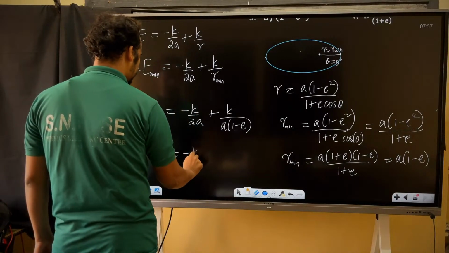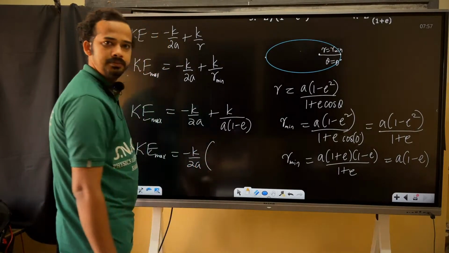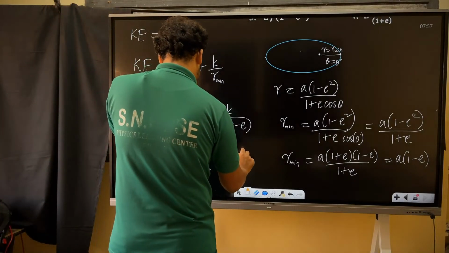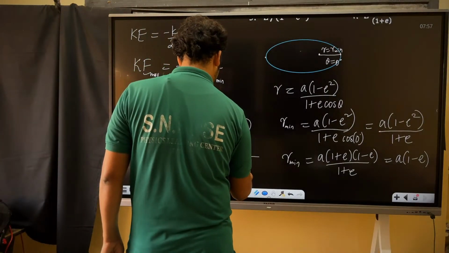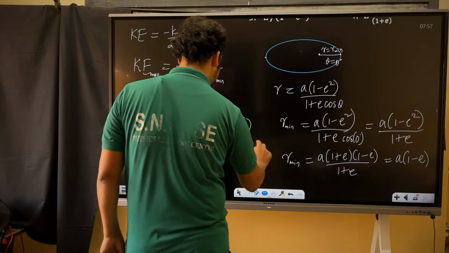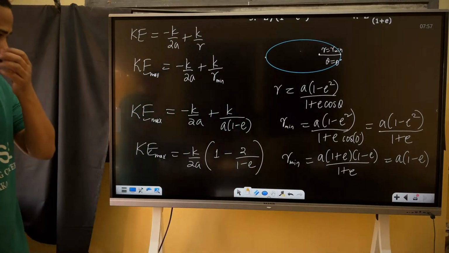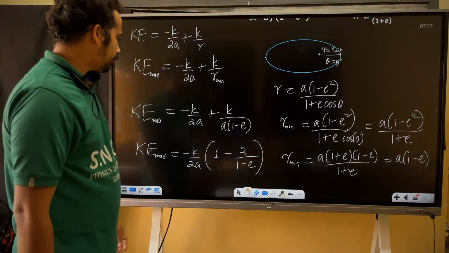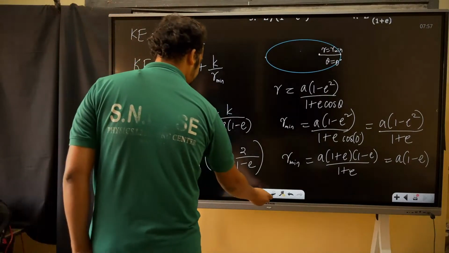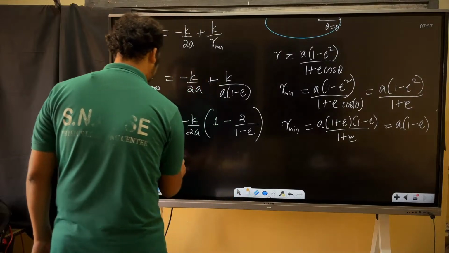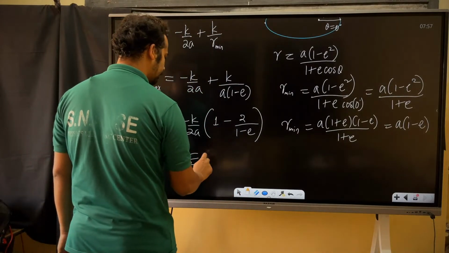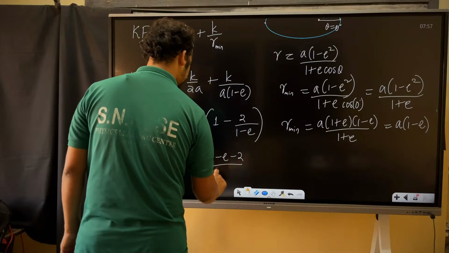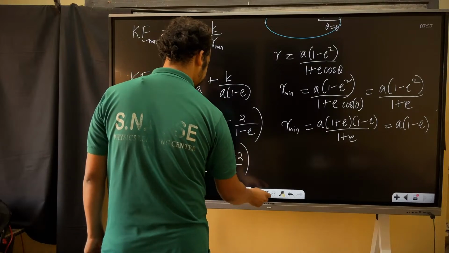You take minus k by 2a outside. That's your energy, which is negative. That's equal to 1 minus 2 divided by 1 minus e, so 1 minus e minus 2 divided by 1 minus e.